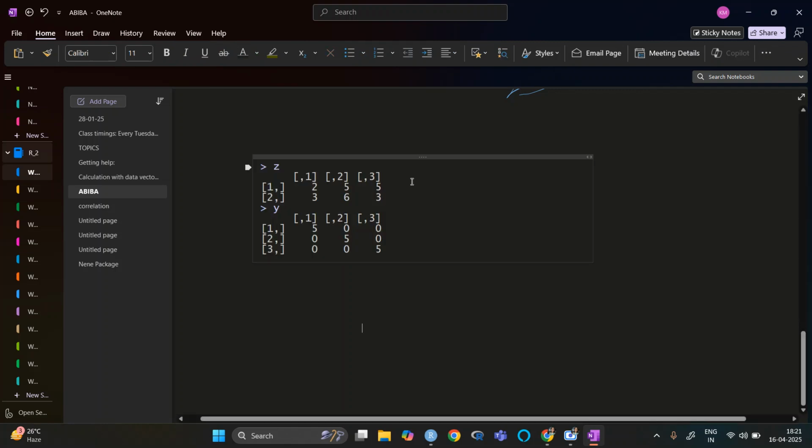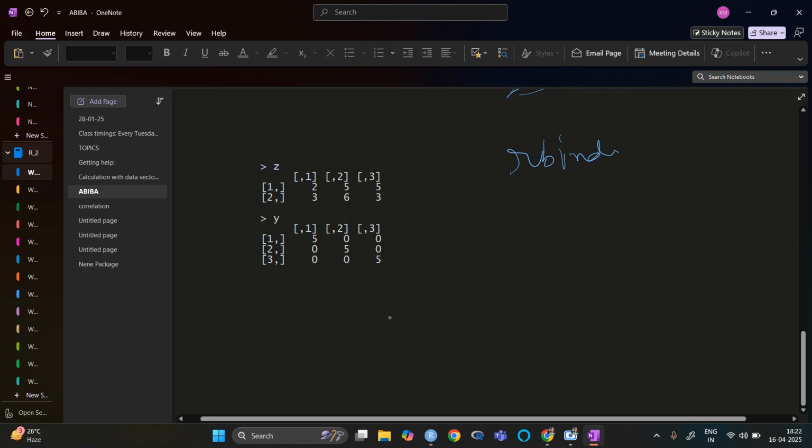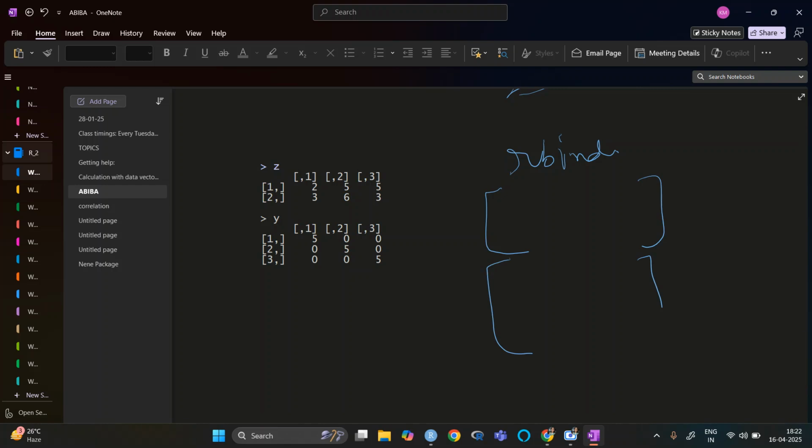So if you have Z and you have Y, and you want to bind this by row, rbind, this one is fine, these will come and this will come.